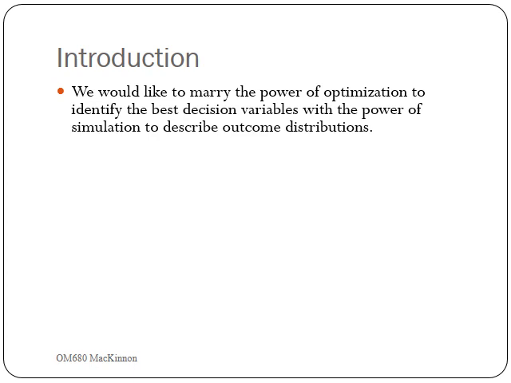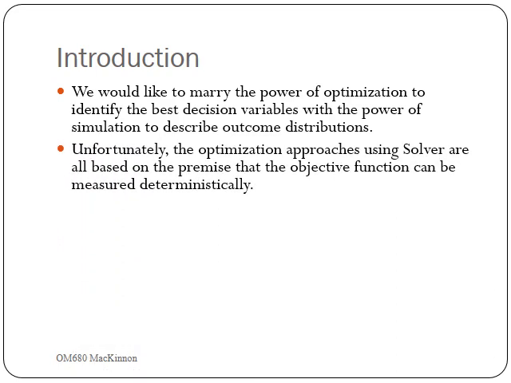Okay, so it would be nice if we could marry the power of optimization and simulation. Okay, because we know that even in optimization models, there's likely to be some uncertainty in the parameters. Okay, but as I said, using Solver pretty much assumes that the objective function is a deterministic outcome.